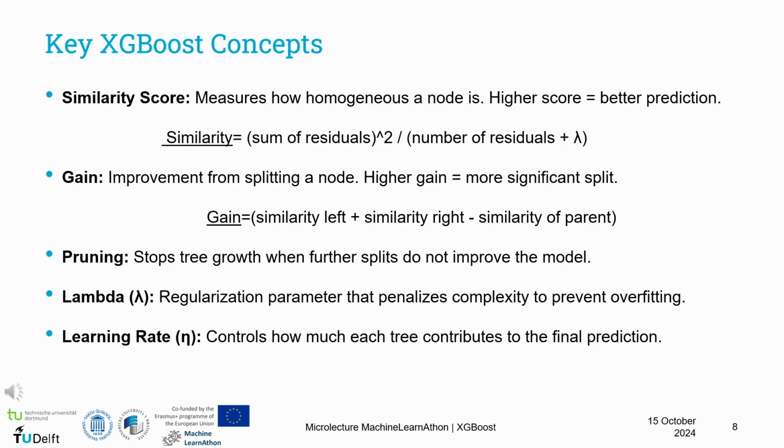Lambda is the regularization term which penalizes overly complex trees. And lastly, the learning rate controls how much each tree contributes to the final output. All these elements work together to make XGBoost an efficient and accurate algorithm.